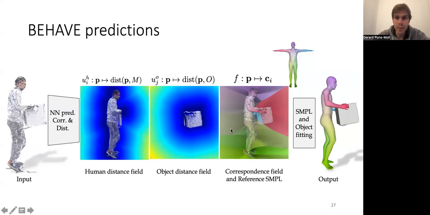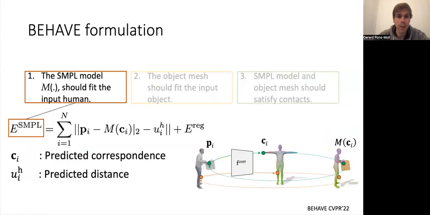And then using these fields, you can optimize the simple vertices in order to be coherent with the human distance field, the object vertices to be coherent with the object distance field, and also leverage this correspondence field in order to make the meshes coherent with those neural predictions.